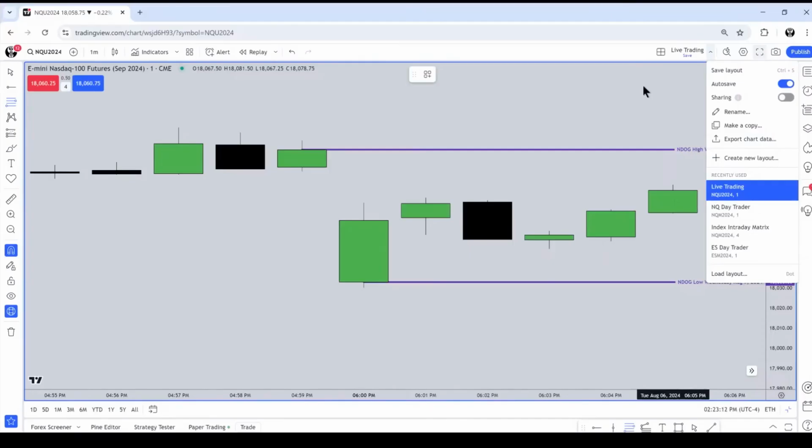And on that layout, the only thing you have referenced for the market that you trade or markets are simply just the new week opening gaps. Or you create a layout that has only the new week opening gaps that are salient to your market.